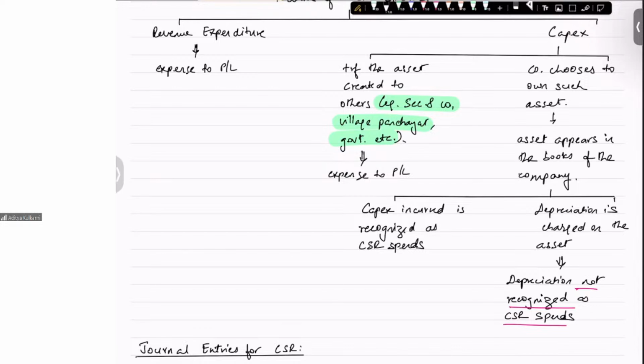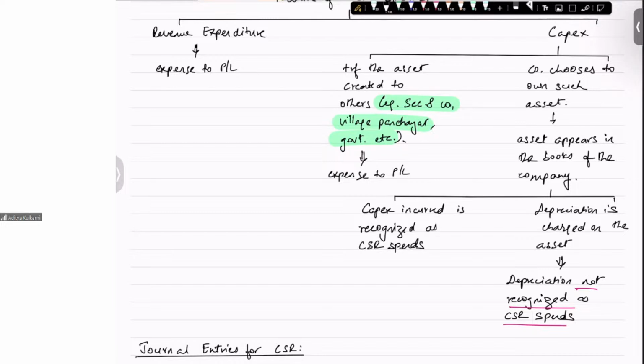Now, suppose I have to calculate the profit for the year. I will depreciate that asset, and because I depreciate it, the profit for the current year goes down.